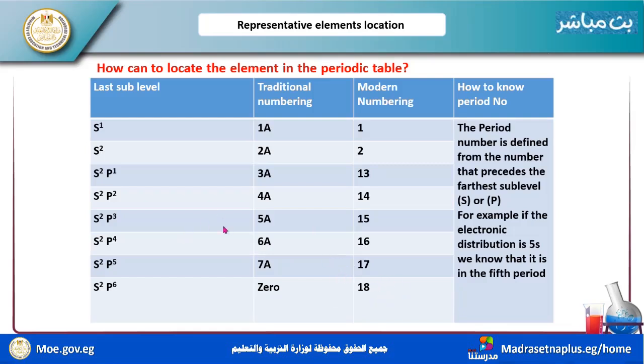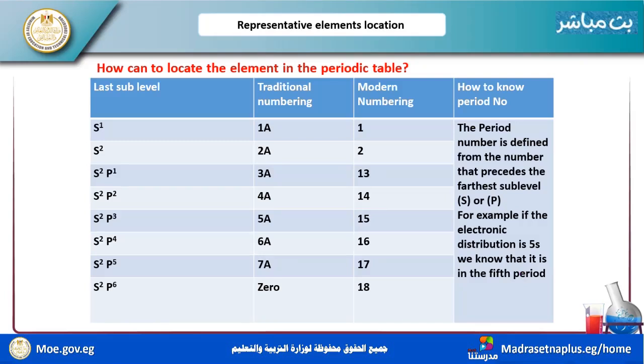If you have 3s, 4s, 5s, 6s, and so on, we call 2s period 2, 3s period 3. The period number is defined from the number that precedes the farthest sublevel s or p. For example, if the electronic configuration ends in 5s, this element is found in period 5, or the fifth period.